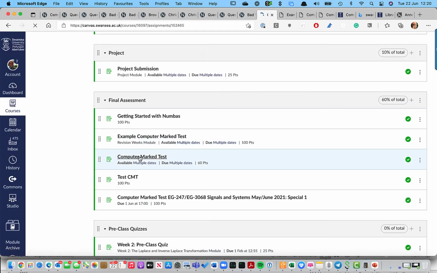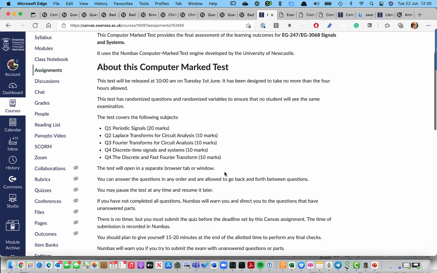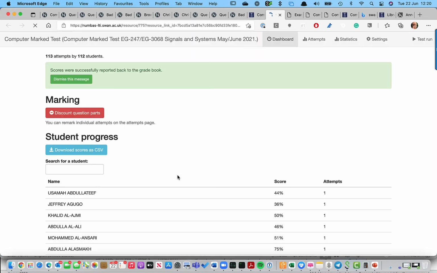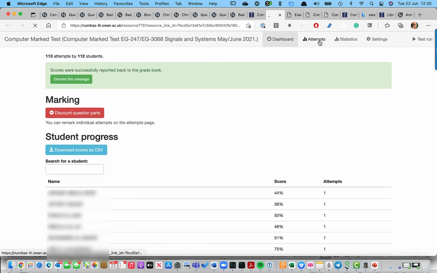To make it available in Canvas, I used the LTI and set things up so that the students get just 1 attempt with deadlines set by Canvas itself. So here are some of the results of the actual test. You see 113 attempts by 112 students.